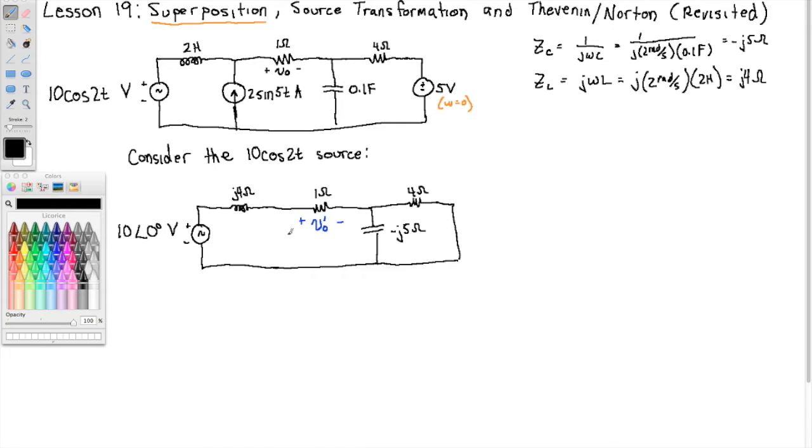Okay, so now we have to try to get this V0 prime based on this picture. Notice now that the negative j5 ohms and the 4 ohms are in parallel. So the negative j5 ohms in parallel with the 4 ohms, that makes the product over the sum. So that makes negative j20 over 4 minus j5 ohms.